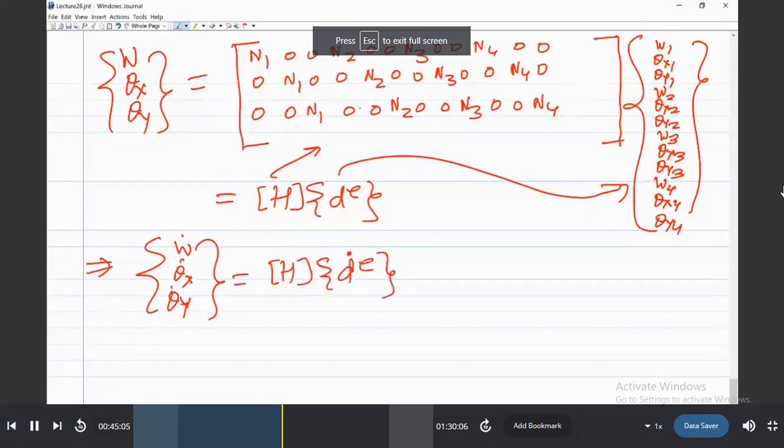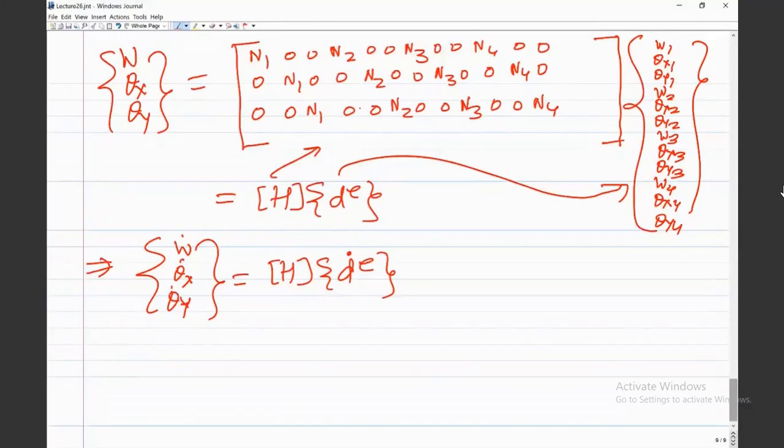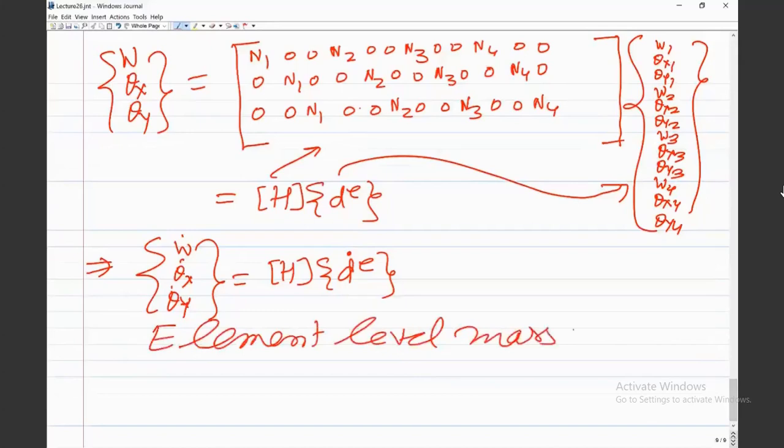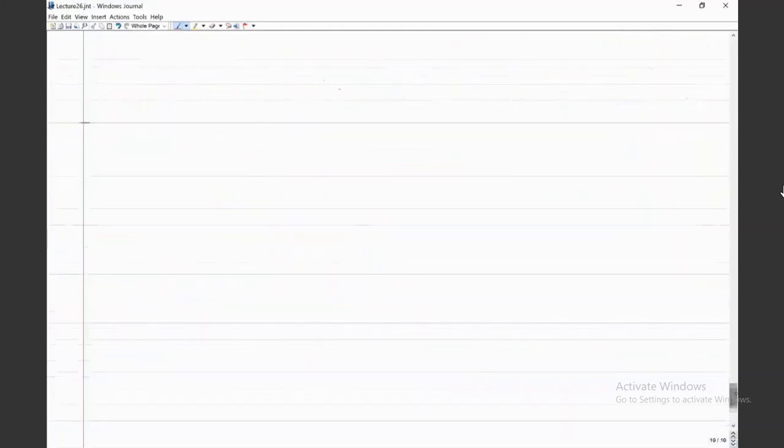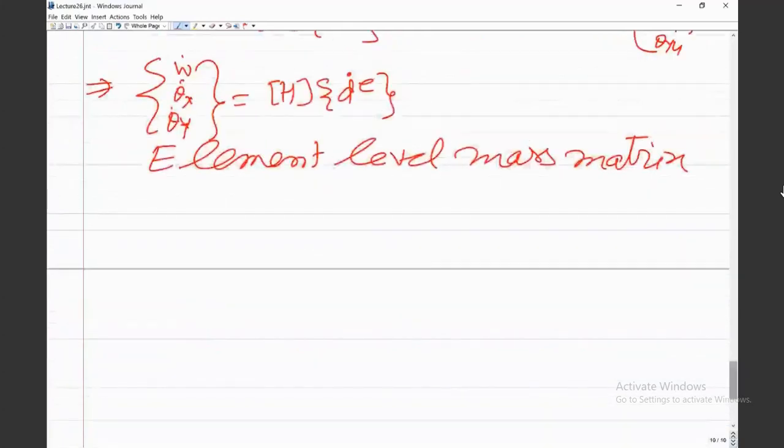Now, the same thing: you substitute this in the expression for kinetic energy and then you identify your mass matrix. So the mass matrix is the element level mass matrix. I am directly writing the element level mass matrix for this element, and as I said already, the element level equation of motion format is similar.